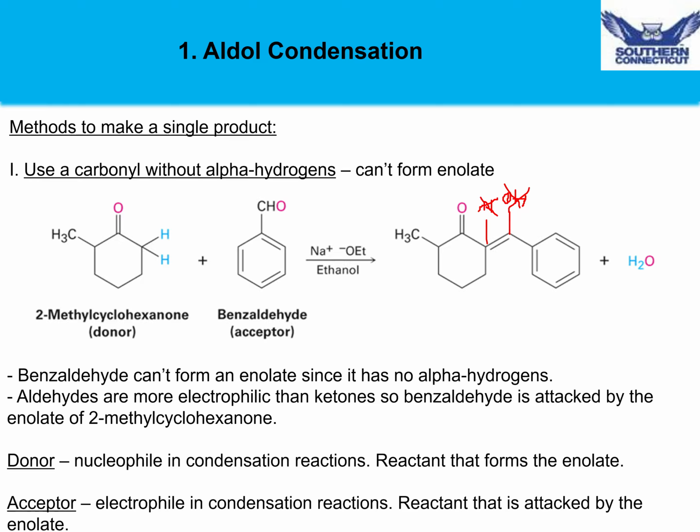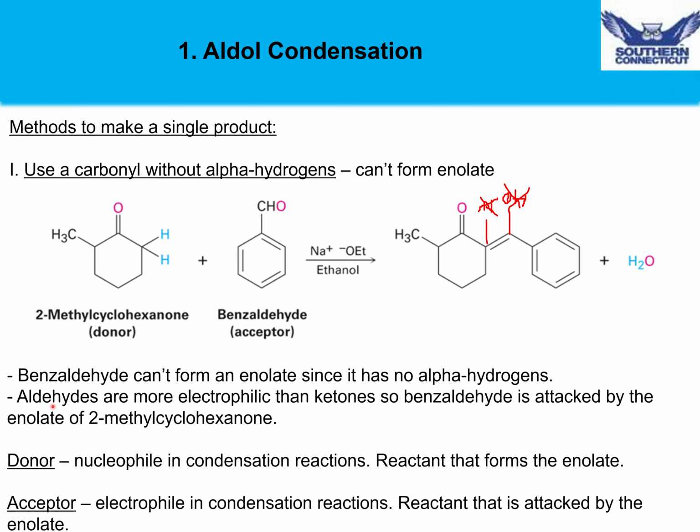One term that you should be familiar with as far as condensation reactions is that we often refer to one of the partners as the donor. The donor refers to the ketone or sometimes aldehyde that can form the enolate. And so therefore it is the nucleophile.